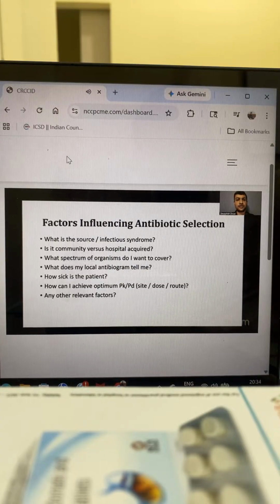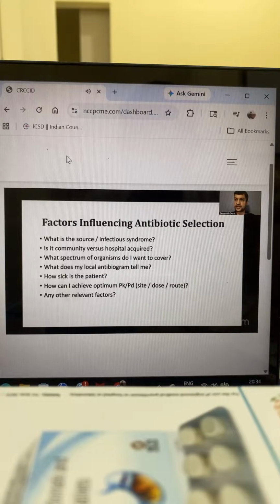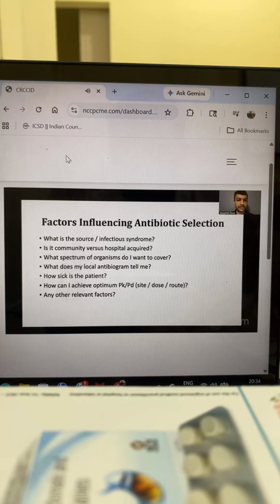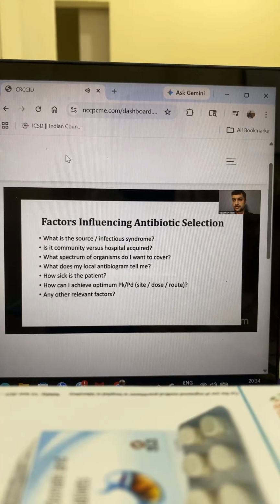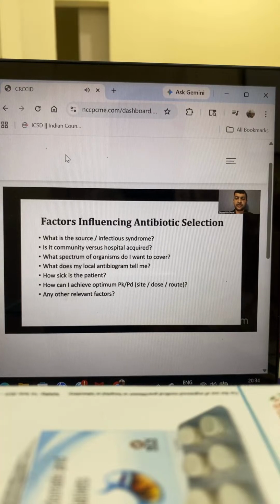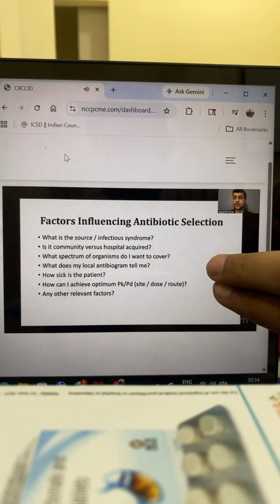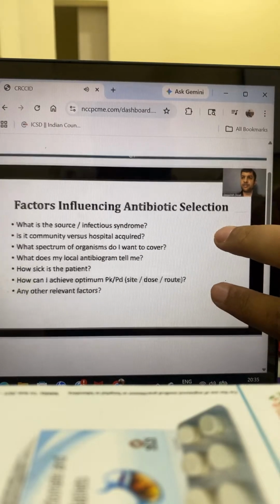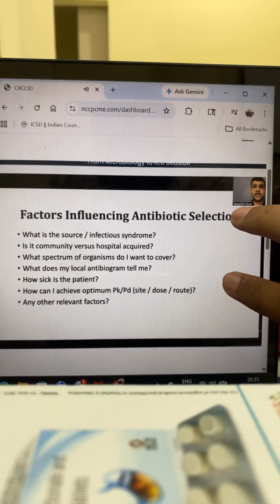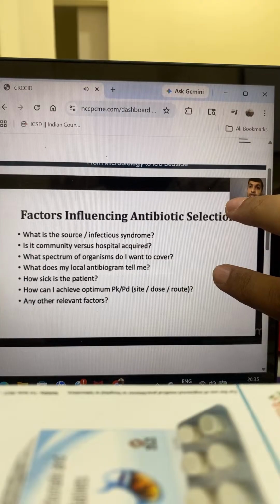Or is there some particular pattern of antibiotic resistance which is unique to your setting, which would affect your choice of what antibiotics to give? And then you'll ask yourself, how sick is the patient? If there is shock, organ failure, etc., then you don't have much room for escalation, in the sense it's do or die at this point. So you will want to make sure that you're covering the full spectrum, and then once the patient improves and you have culture reports, then you can de-escalate.